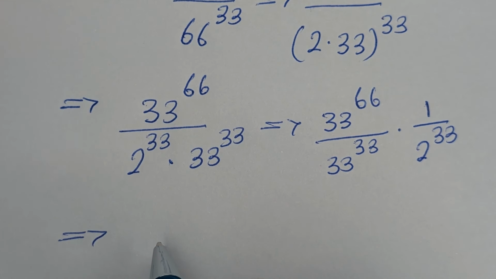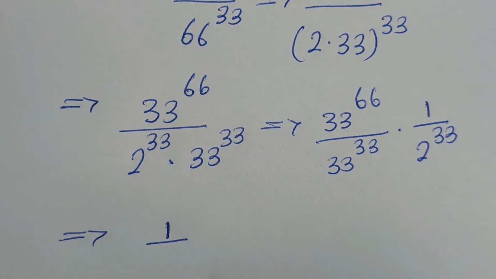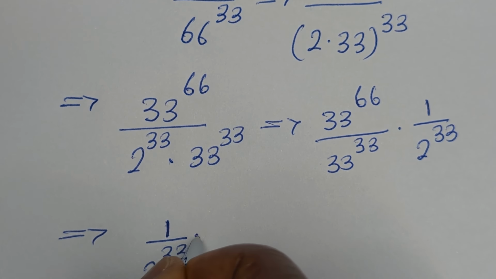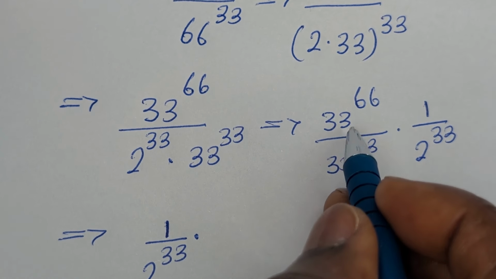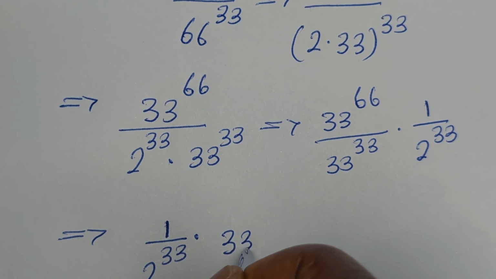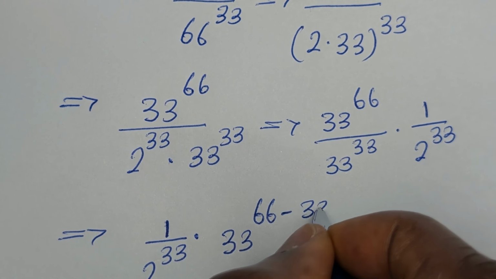And here we have 1 divided by 2 raised to power 33 multiplied by, because of the same base, 33 raised to power 66 minus 33.